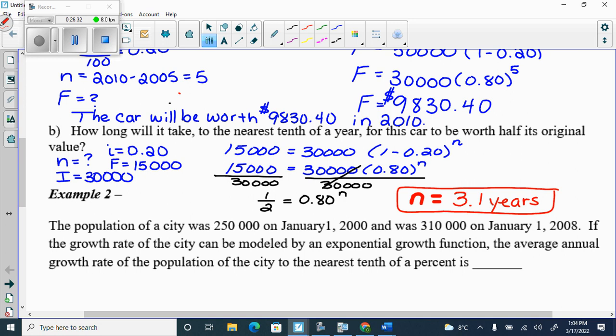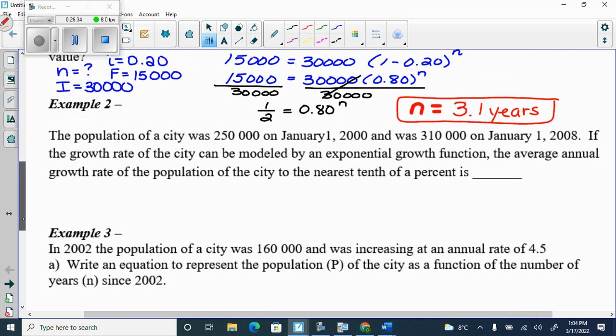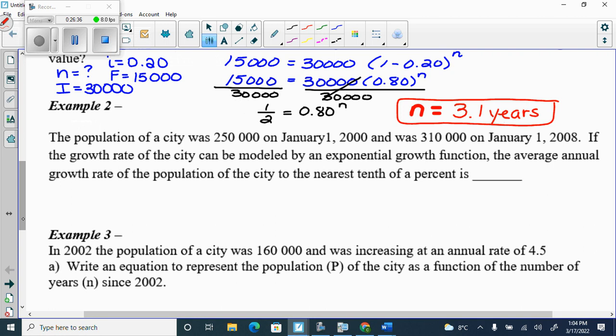Okay, I'm going to get you guys to try example 2 and example 3. So here it says the population of the city was 250,000. Now we have to read really well to make sure we know if it's the initial or the final, right? So here it says the population of the city was 250,000 on January 1st, 2000, and 310,000 on January 1st, 2008. So the 250,000 is the initial.